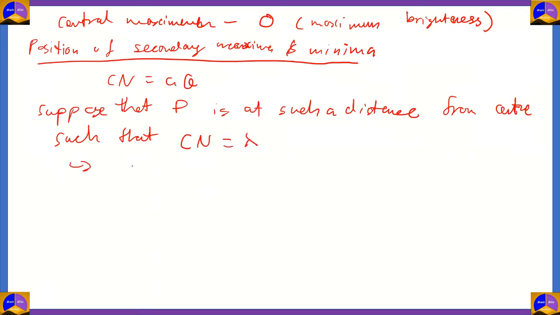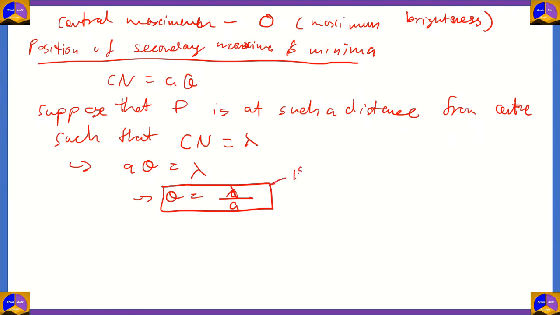So therefore you can write a theta is equal to lambda, or theta is equal to lambda divided by a. This is the point where you will get your first secondary minimum.